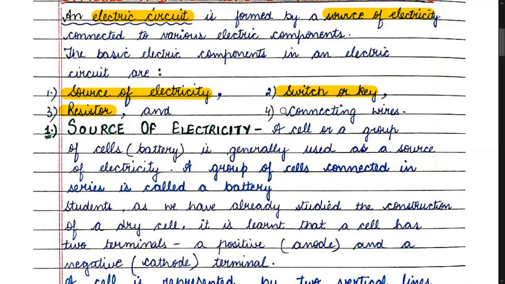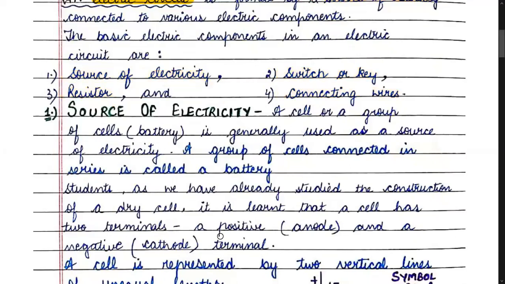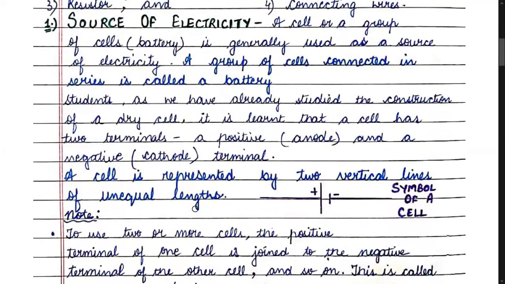And the important thing, we need some connecting wires. So these are the four basic components required to make an electric circuit. Now students, let us study each component in detail.